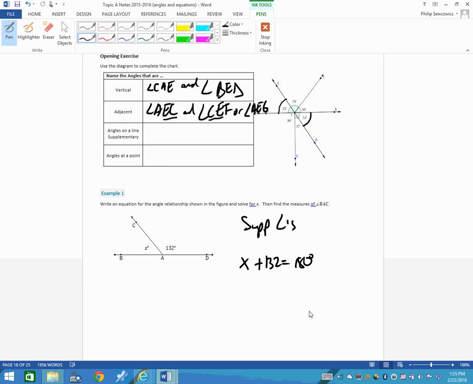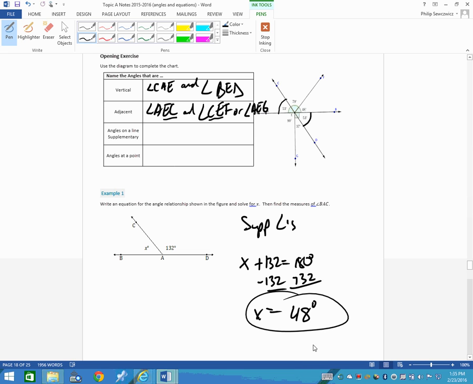Now, I know some of you are thinking, can't I just stack it off the side and subtract? No. We are working on our solving equation skills as well, so we do want to bring out the basics. When we subtract, we get 48 degrees. I need to see the equation. I need to see your solving equation skills, and then we can go ahead and solve for it.